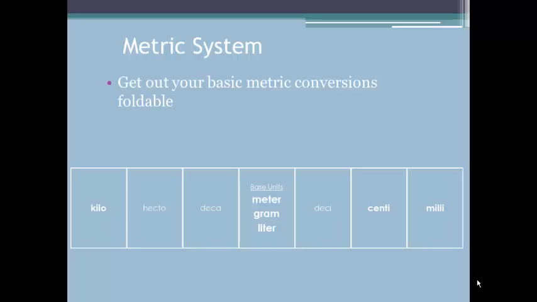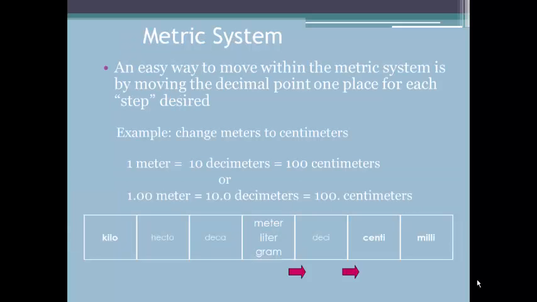Now I want you to get out your foldable that you made the other day and place it in front of you. An easy way to move within the metric system is to move the decimal 1 place for each step you move. Suppose we want to change meters to centimeters, and I have 1 meter, and I'm wondering how many centimeters that is.